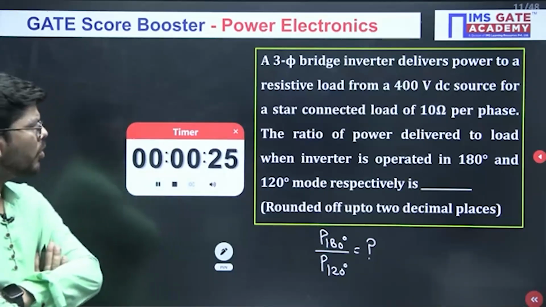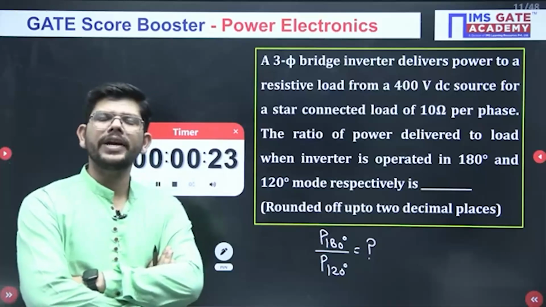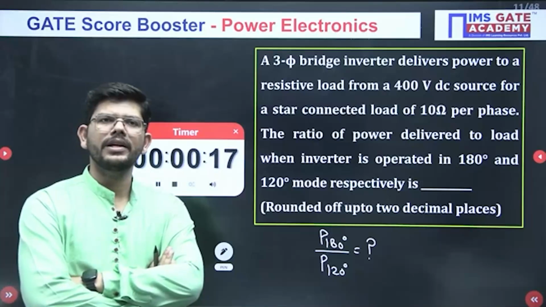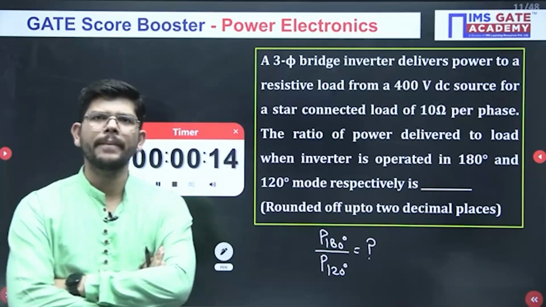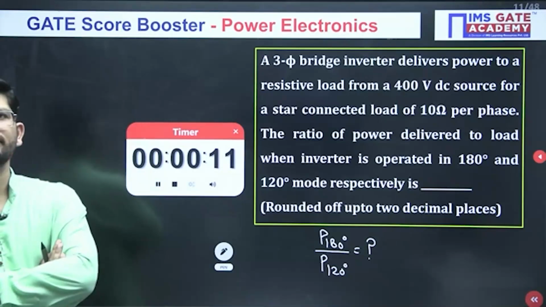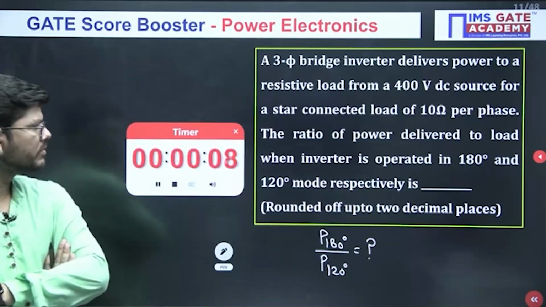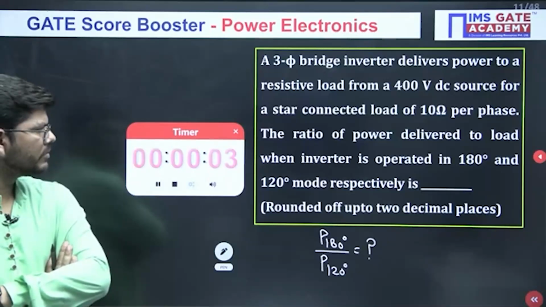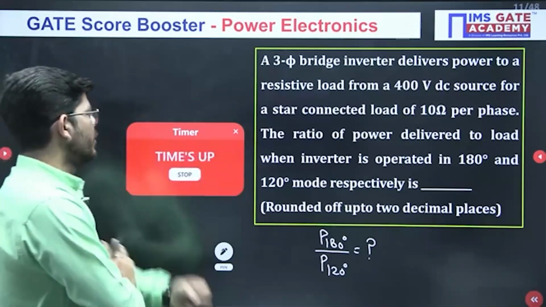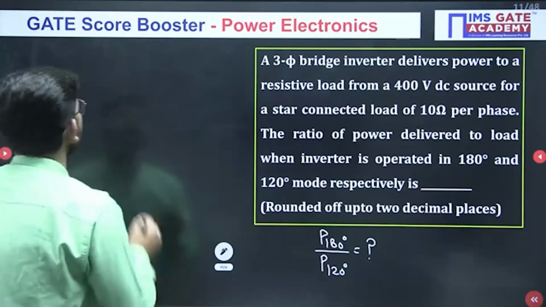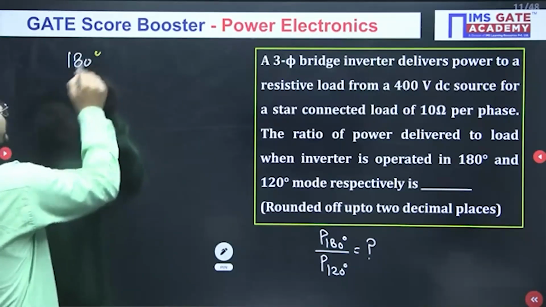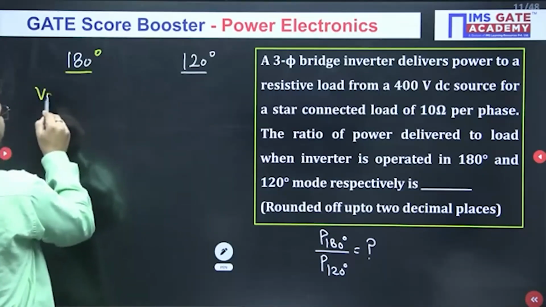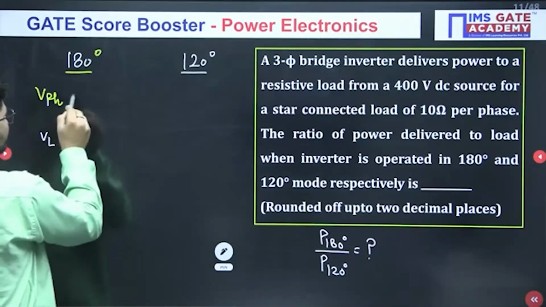All you need to know to solve this question is the phase voltage of the 180 degree and 120 degree inverter. Rest, it is a very easy question, isn't it? So those who are not able to solve, just see here. We have two kinds of three-phase inverter, 180 degree and 120 degree, and you should know the values of phase voltage and line voltage.